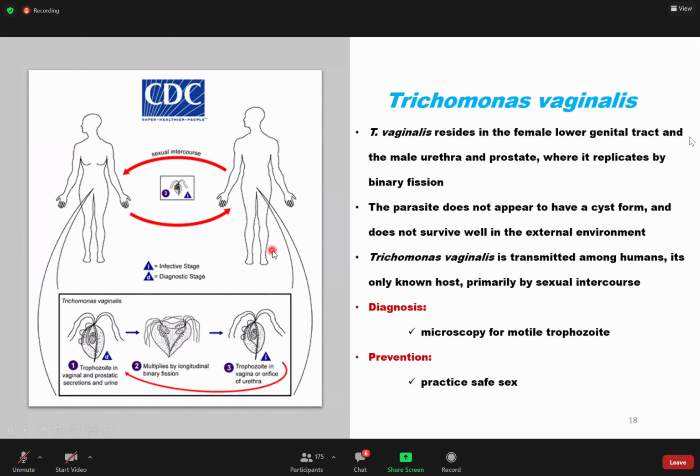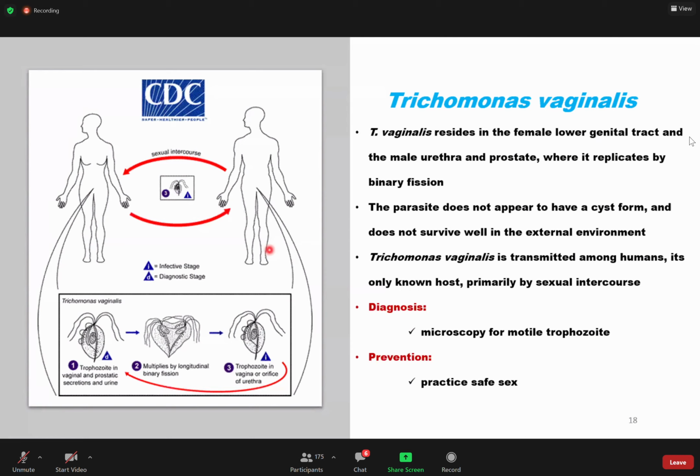Now, unlike all the other protozoan parasites we have discussed, where you have a cyst and then the trophozoite, with Trichomonas vaginalis, there is no recognized cyst stage. It exists as the trophozoite only. As a result, humans are the only hosts to these parasites.